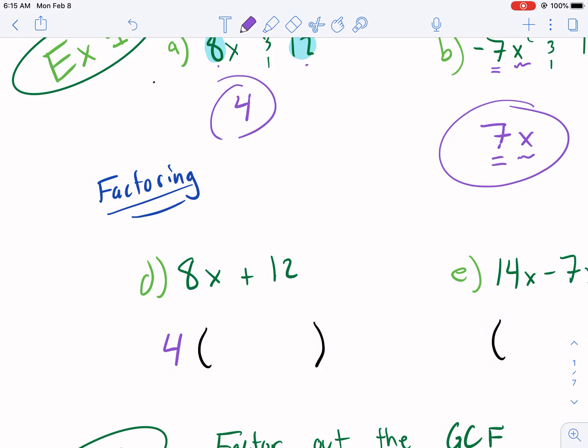Okay, what does this mean? Well, we're going to take out a 4 from 8x, and we're going to take out a 4 from 12, and that's how we go in reverse. The process is this: we do 8x divided by our greatest common factor plus 12 divided by our greatest common factor. So factoring is really about dividing by the GCF, and then you put the GCF in front.